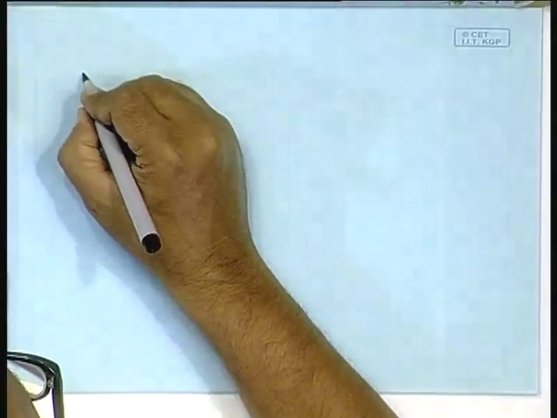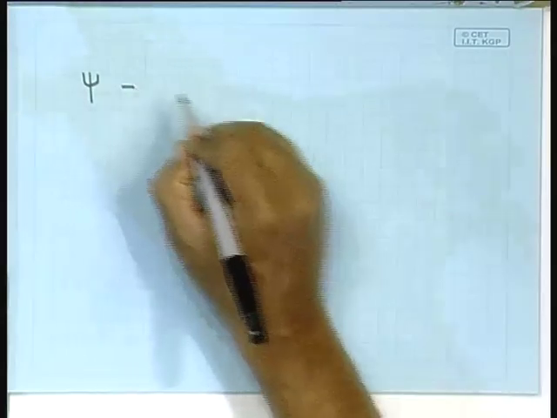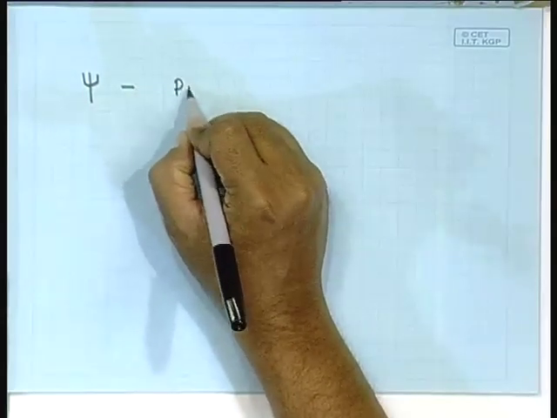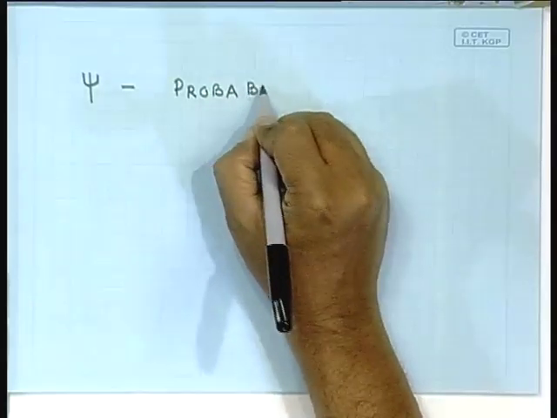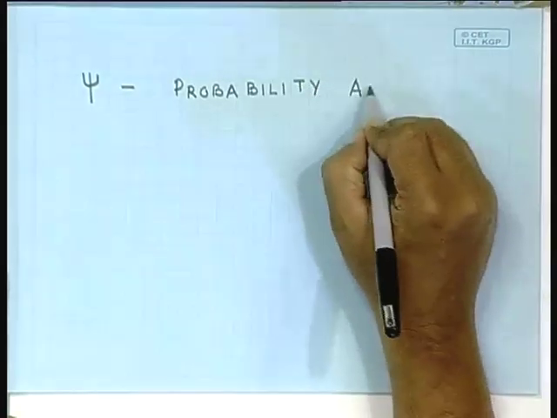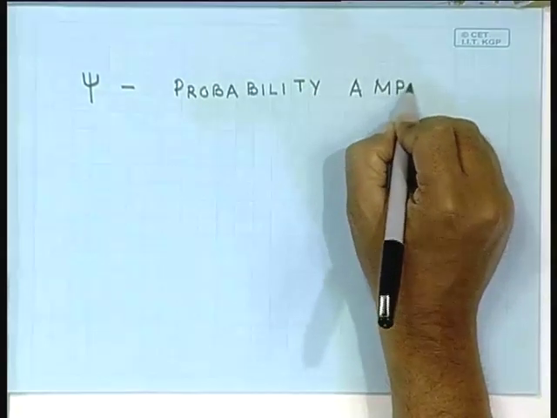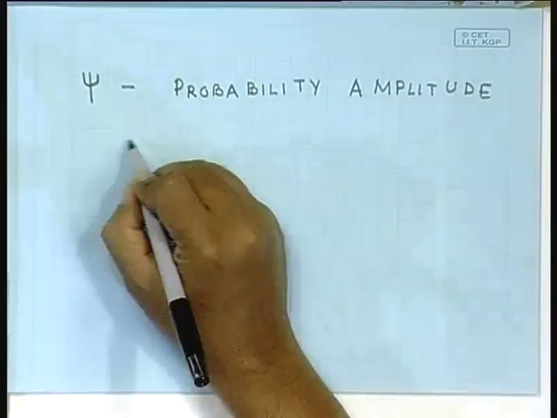So, if you associate a wave psi with every particle, this wave is called the probability amplitude, also referred to as the wave function.